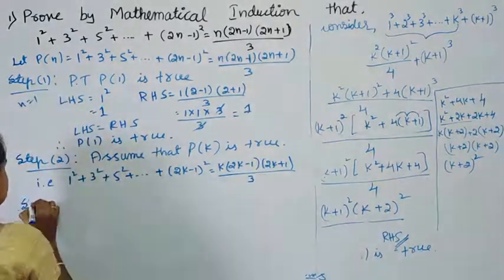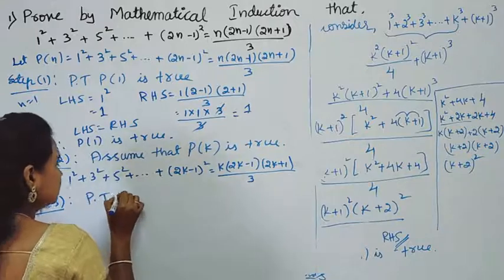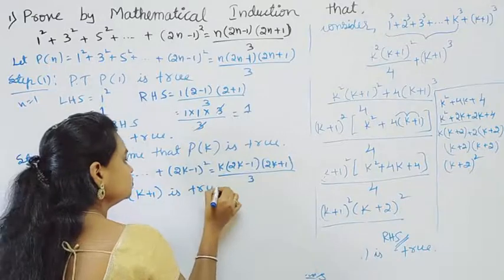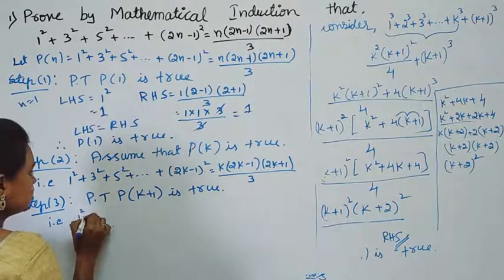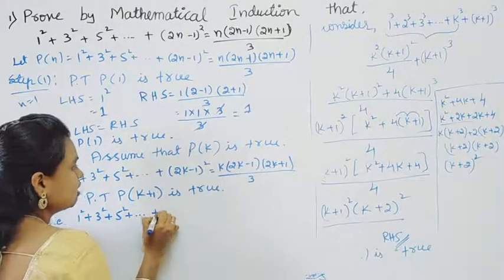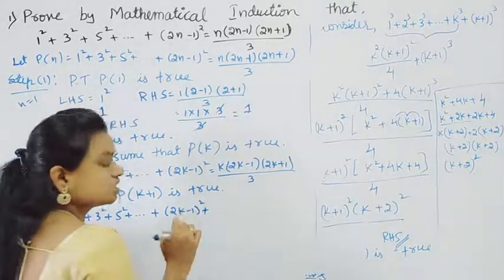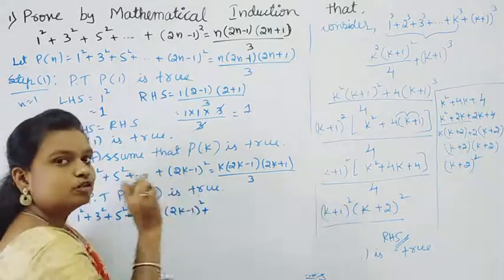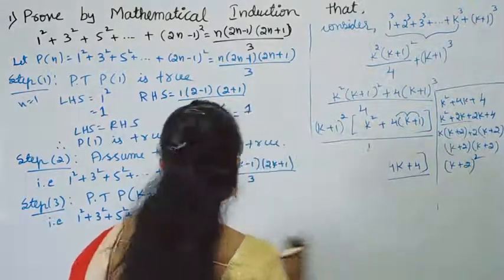So we come to step 3. Step 3 is to prove that P of k plus 1 is true. So the statement becomes 1 square plus 3 square plus 5 square plus etc. plus (2k minus 1) whole square plus we have to write the k plus 1th term. So here put k is equal to k plus 1. What is the last term?